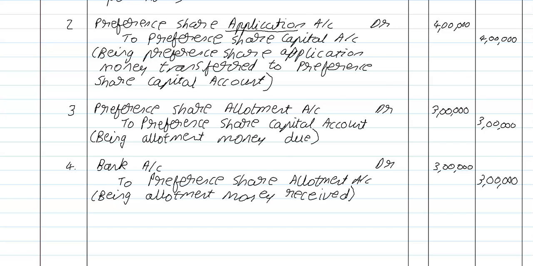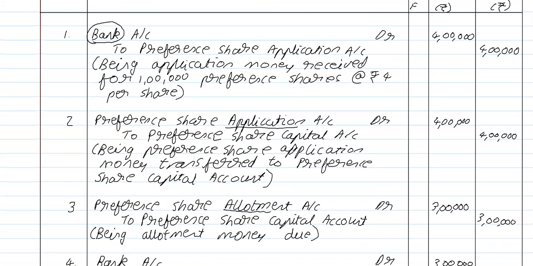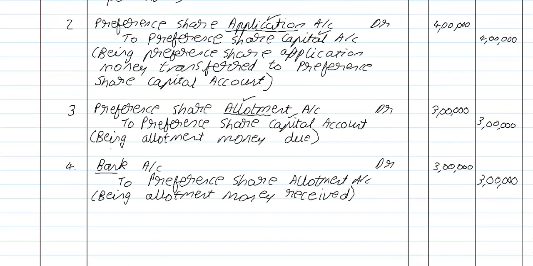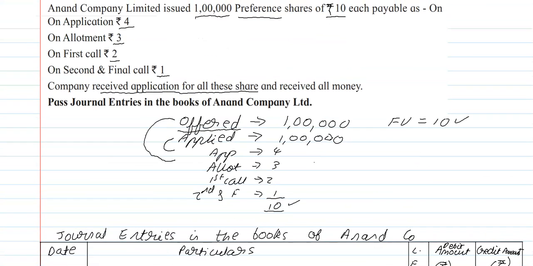Transfer entry first and then receipt entry. So when we were dealing with application, it is bank to level, level to capital. Now onwards, it's going to be level to capital followed by bank to level. So we have a first call and we have a second and final call.